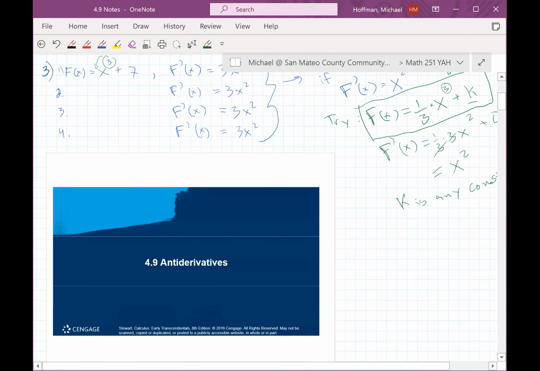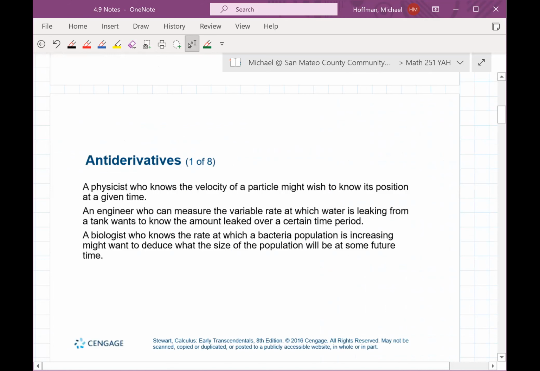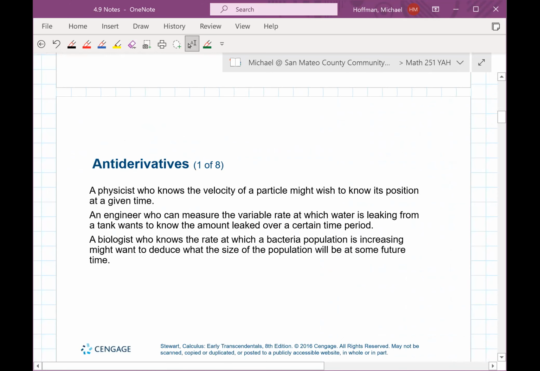Now, this was all just supposed to be examples. Those examples were supposed to help you get familiar with the patterns that we're going to be using when we look at antiderivative equations. And that's really the heart of it, is that you're looking for something that when you take the derivative, you get some goal. So you have a function and you want to know who is that the derivative of?